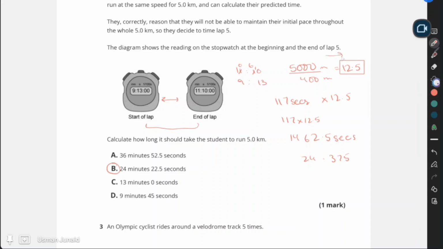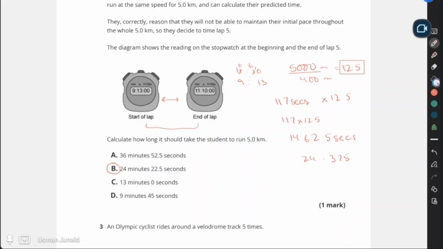How did I get this? Each lap that he's running is 400 meters, right? So he decided, if I run one lap, I can find how much time it would take me to run the total 5 kilometers, right?